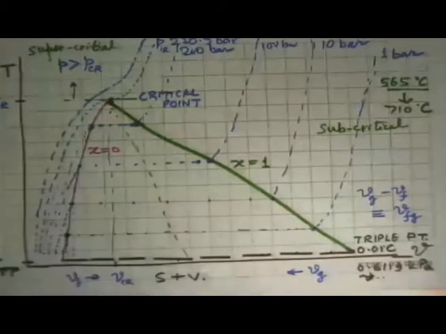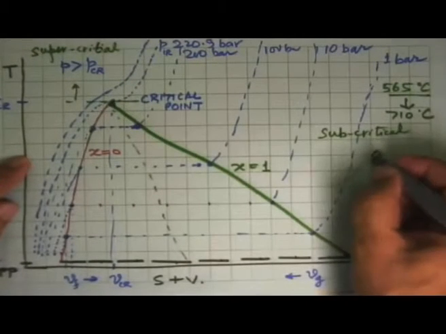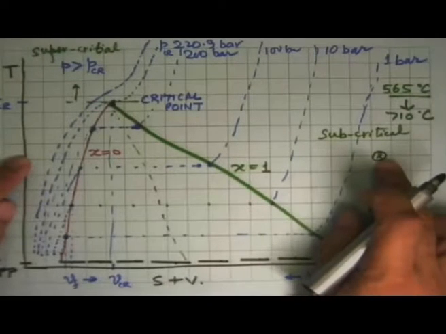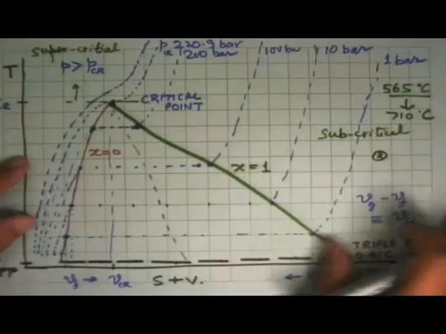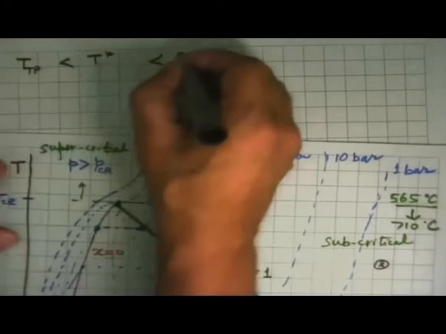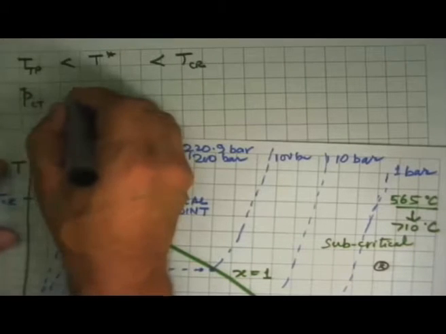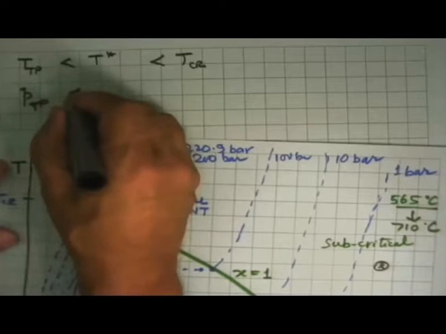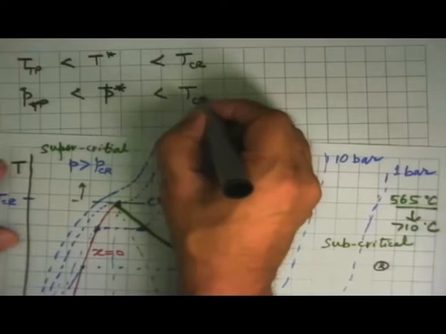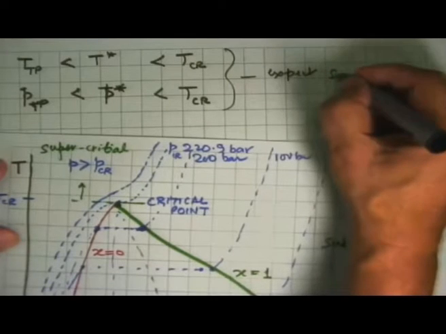It is not necessary that it will always be there, because at this temperature, if we have this pressure, it is a superheated state. But if the given temperature is between T triple point and critical point, and the given pressure is between triple point pressure and critical pressure, then we can expect a saturated state to be formed.